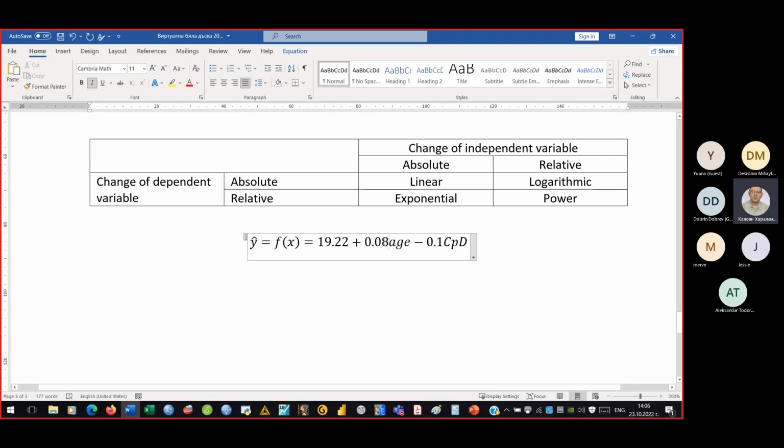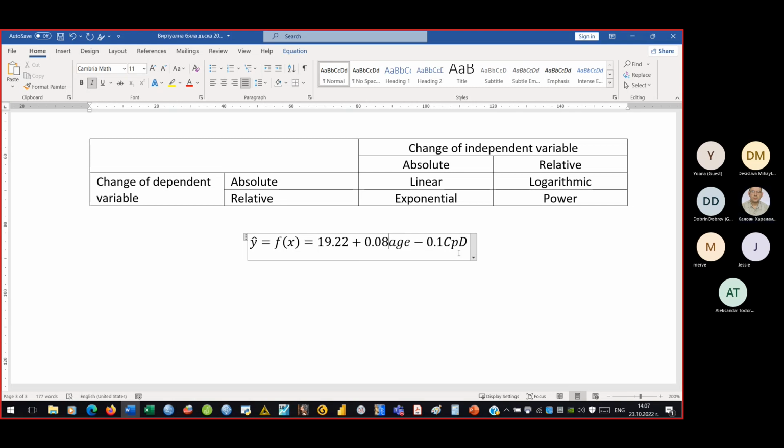So if age increases by 1 year, then optimism will increase by 0.08 scores under the condition that the number of cigarettes per day is constant.